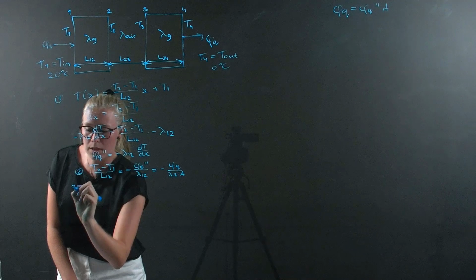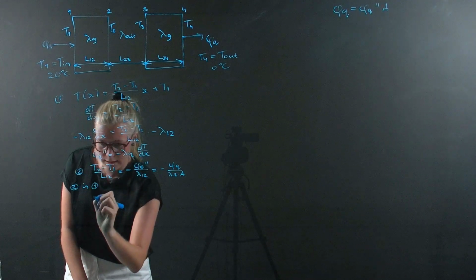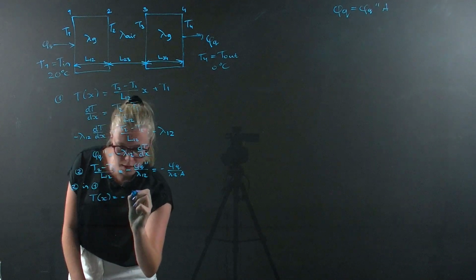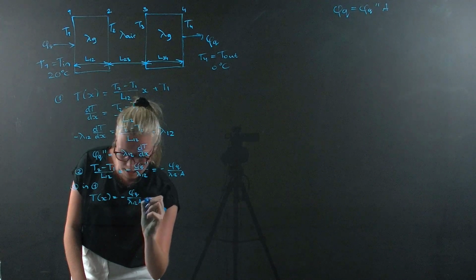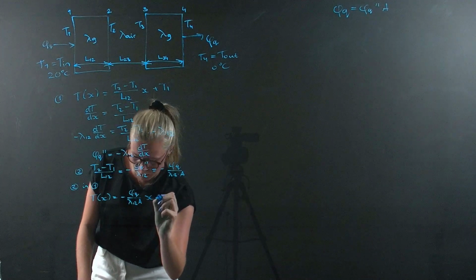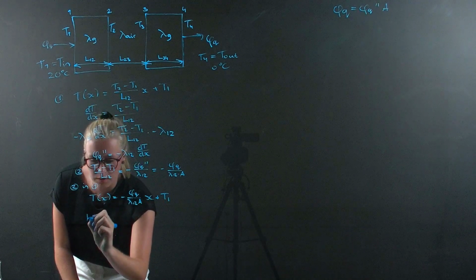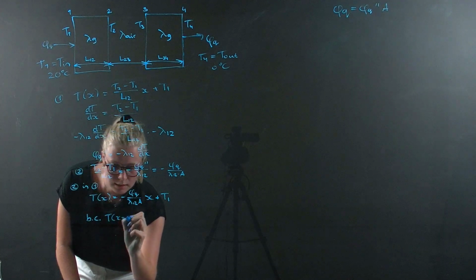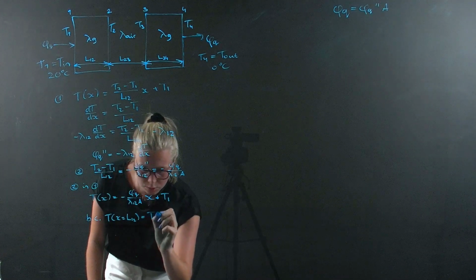Next we put equation 2 in equation 1, and we will find that T(x) is equal to minus Φq over lambda 12 times A times x plus T1. Next we use the boundary condition that says that T at x equals L12 is equal to T2.